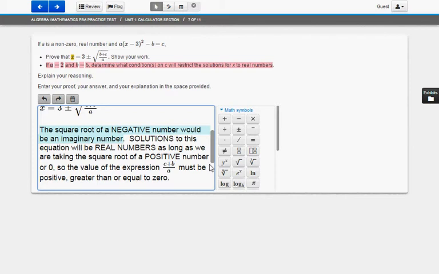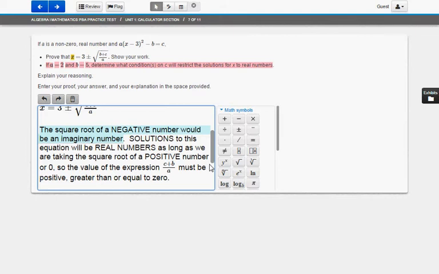The square root of 25 is positive 5, but there is a positive and a negative square root for 25. Positive 5 and negative 5 are both square roots of 25, because 5 times 5 is 25, and negative 5 times negative 5 is also 25.